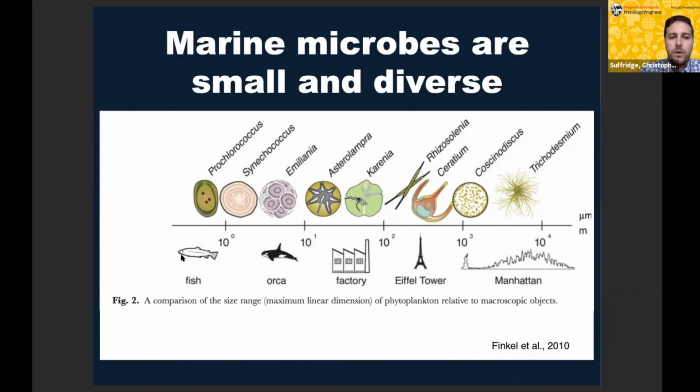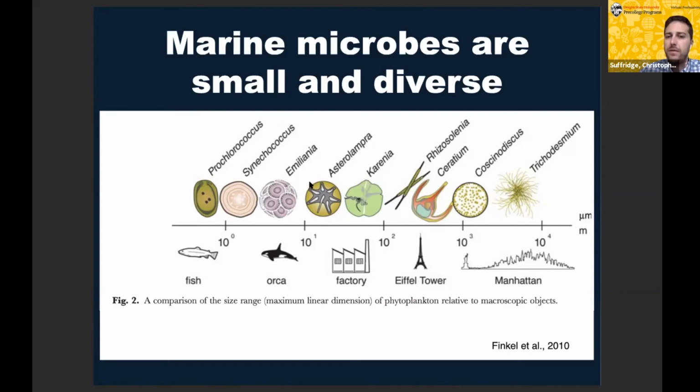So on the bottom axis, we go from something that's about a fish size, less than a meter, to an orca whale, which is about 10 meters, then something as tall as the Eiffel Tower, and something as large as Manhattan, multiple kilometers wide. So this is a large size variation. But if we go into the micron space, we see we've met Prochlorococcus, and SAR11 would be down here, even smaller than Prochlorococcus.